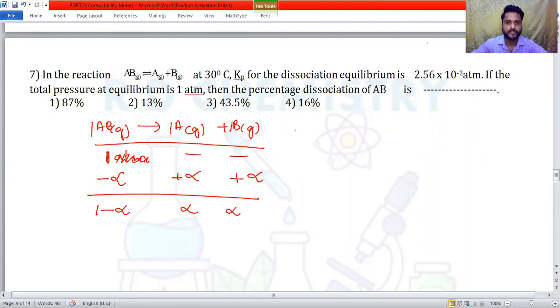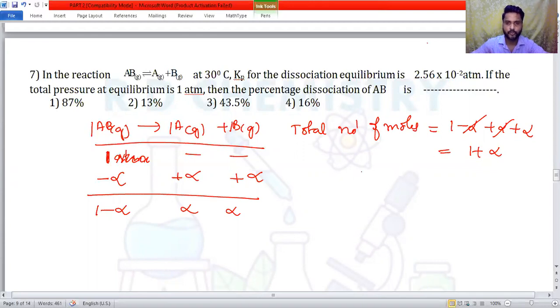So we'll calculate first total number of moles. How to calculate total number of moles? It is equal to adding all the number of moles at equilibrium. 1 minus alpha plus alpha plus alpha, minus alpha plus alpha get cancelled. So remaining is 1 plus alpha, right? And we are supposed to calculate this alpha value in terms of percentage.